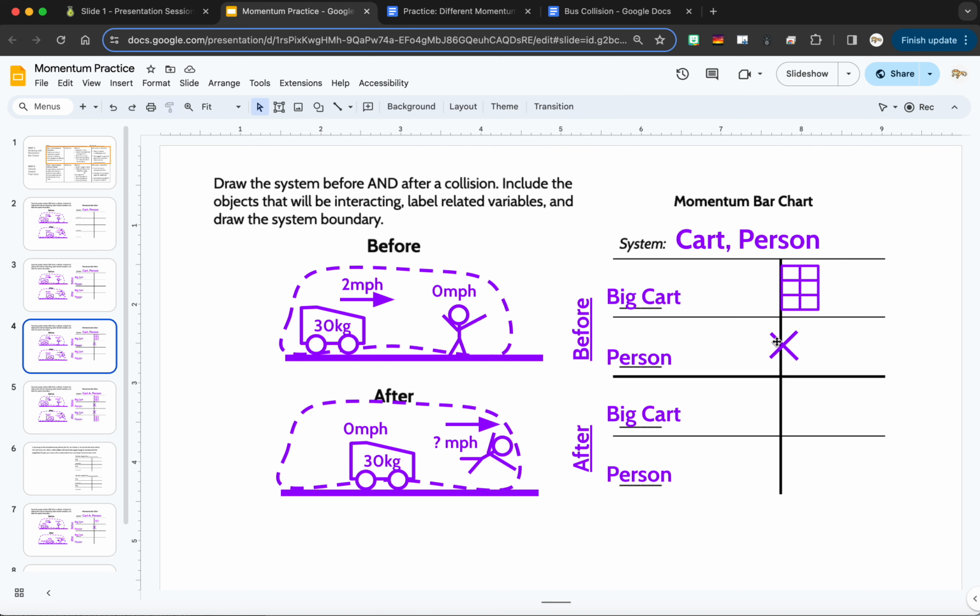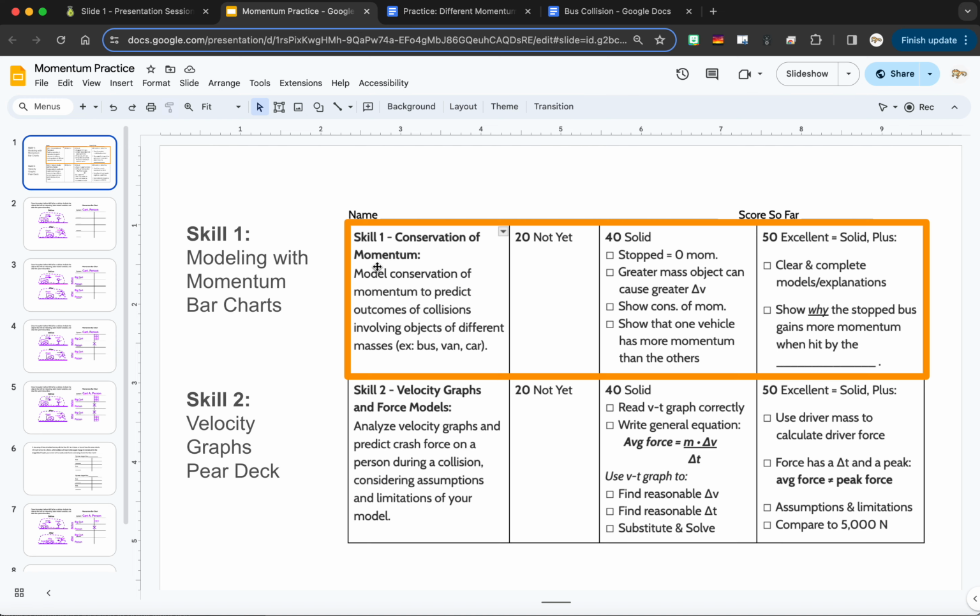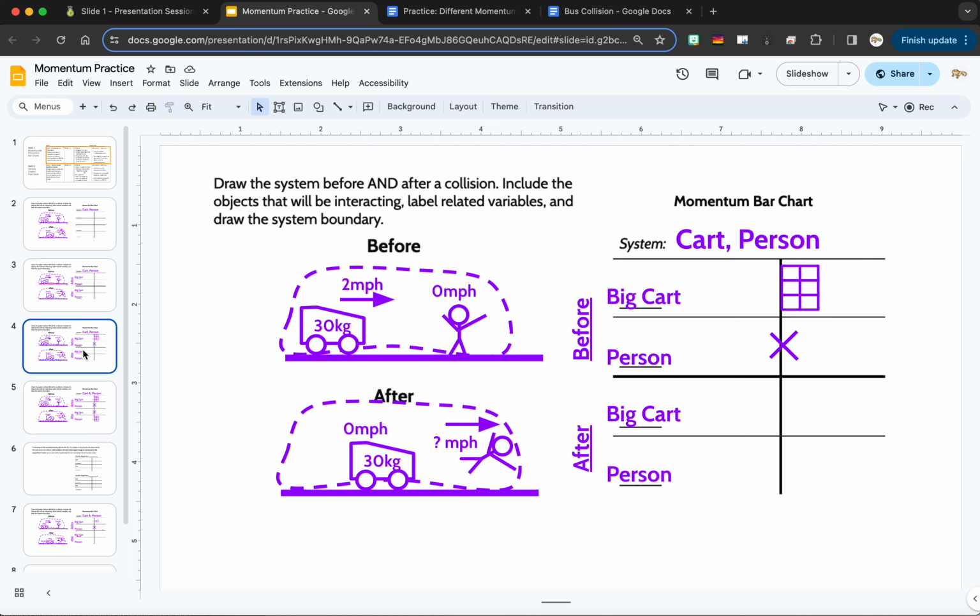collision happens. Remember, the idea of conservation of momentum is that the total momentum stays the same from before to after. So even when the cart hits the person and the cart stops, which in this case the problem tells us, the person gets all that momentum.